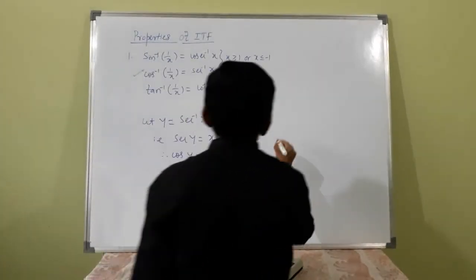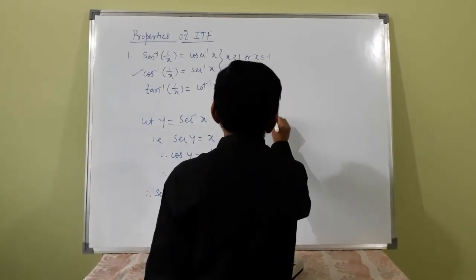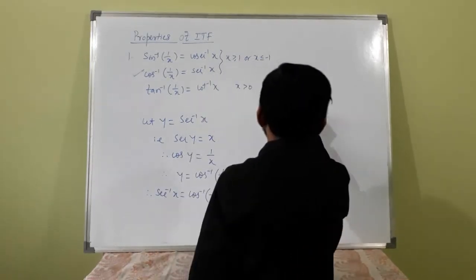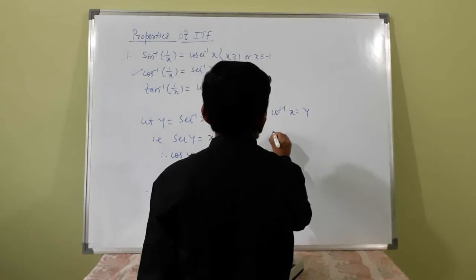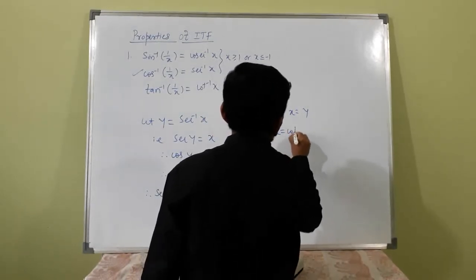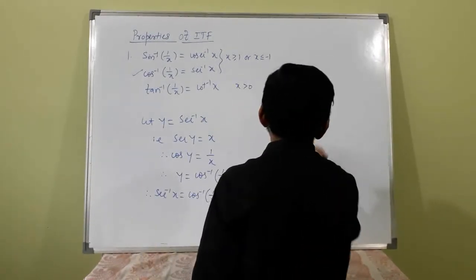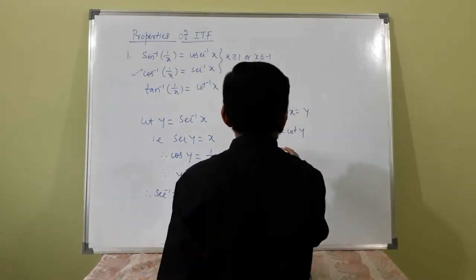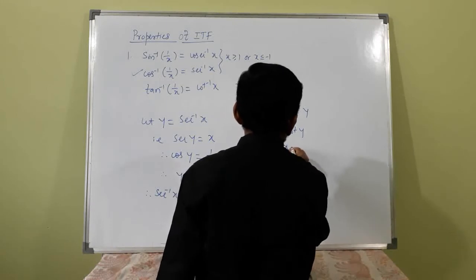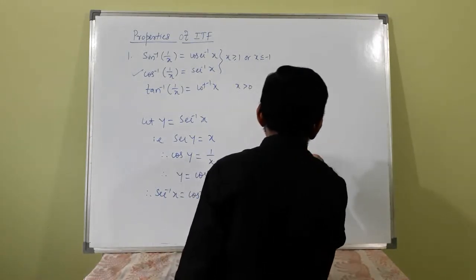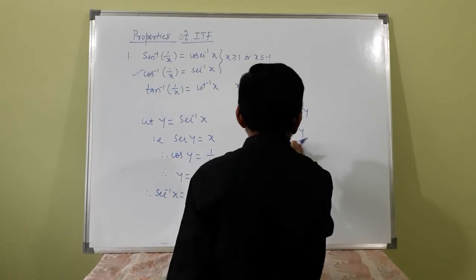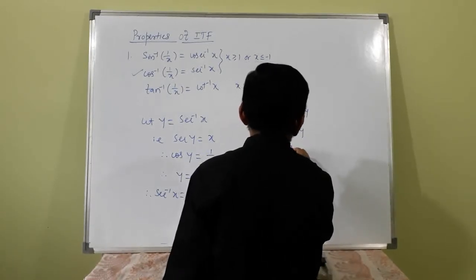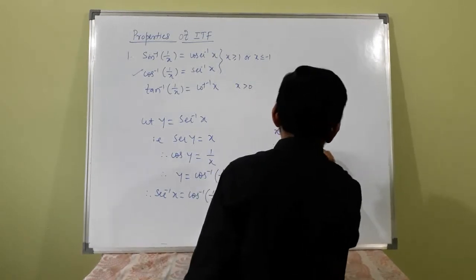Similarly, suppose cot inverse of x is equal to say y, then x is equal to cot y. This cot y is nothing but 1 by tan y, therefore x is equal to 1 by tan y, which means tan y is equal to 1 by x.